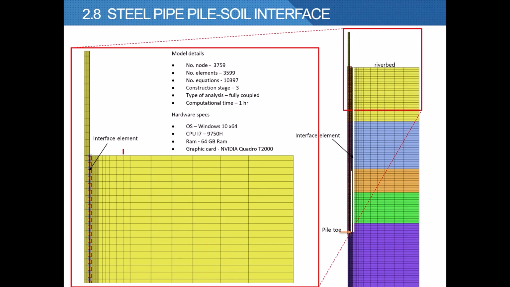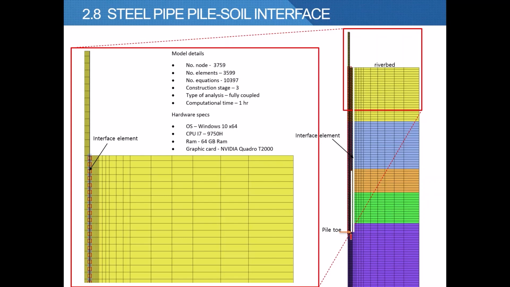Now this is the gist of the simulations. We introduce interface element for the outer face of the steel pipe pile and inner face of the steel pipe pile, to simulate the soil give way on the pile surface when it is sheared.